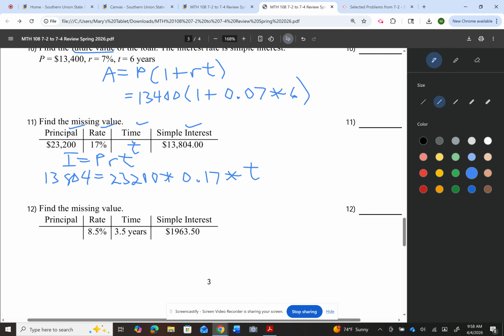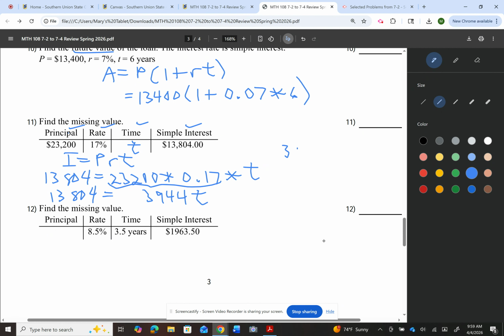So what you can do is take the 23,200 and multiply that by 0.17. So this part right here is 39.44, and that's multiplied by the T, and we know that should equal this 13,804.